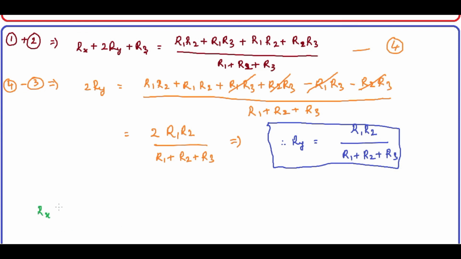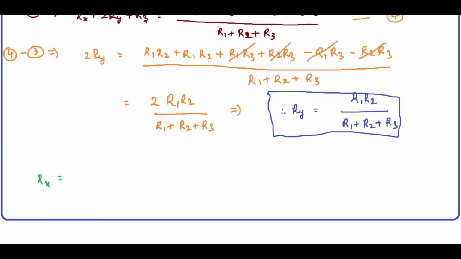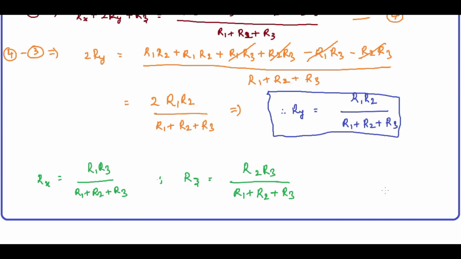Rx is equal to R1 R3 divided by R1 plus R2 plus R3, and Rz is equal to R2 R3 divided by R1 plus R2 plus R3. That's all. So this is the explanation.